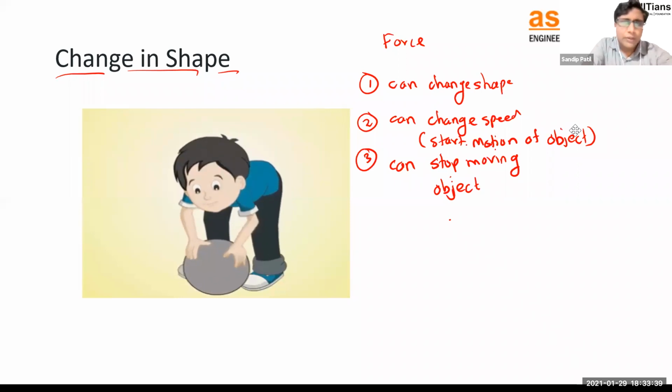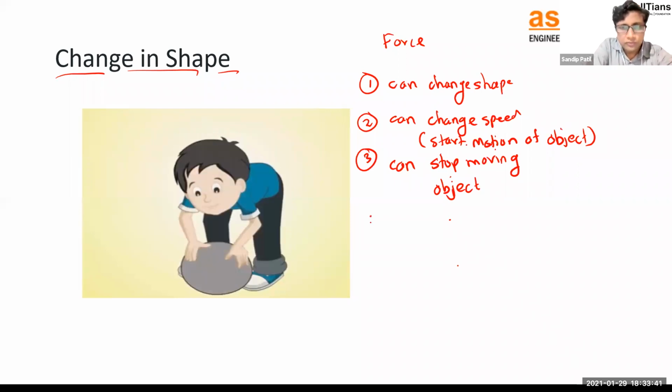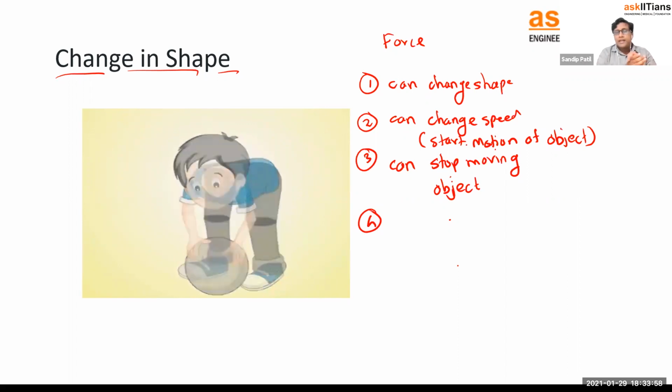What else can force do? Can I say force can also change the direction? Again, we can take the same example, cricket. In cricket, what happens? The bowler is throwing the ball towards whom? Towards the batsman. So it is going in a straight line. That's right. What is the batsman doing? The batsman is applying force in another direction, right?